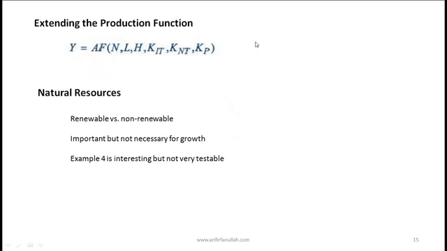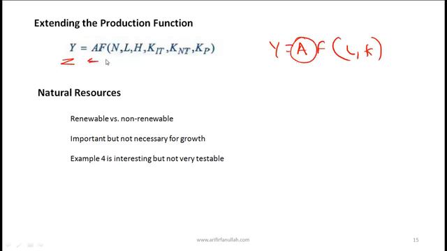So far we've talked about a very simple production function that simply depends on labor and capital. But now we are going to extend the production function and show that the output of an economy can depend on several factors. So here we see that the output depends on total factor productivity, which is similar to what we saw before.